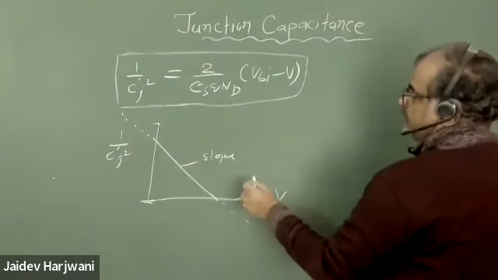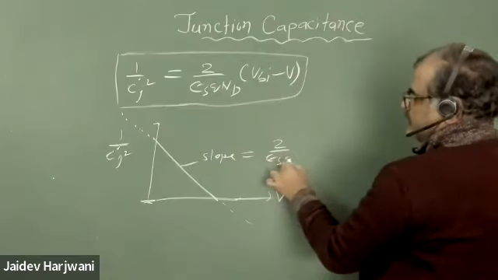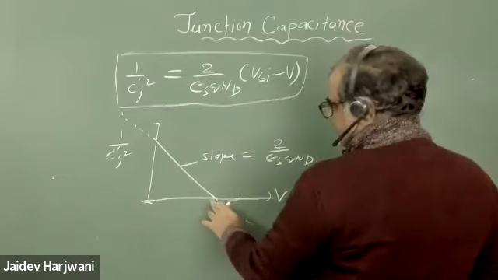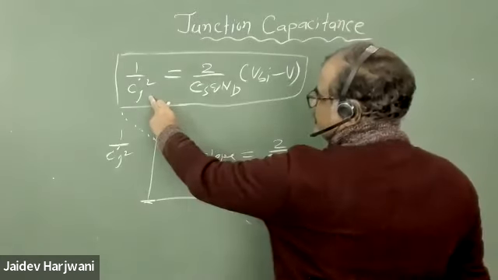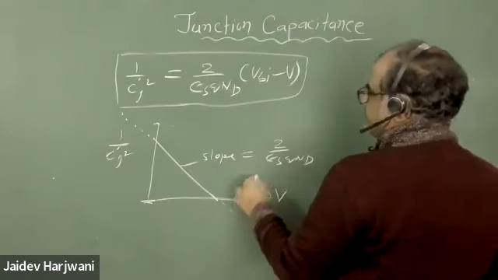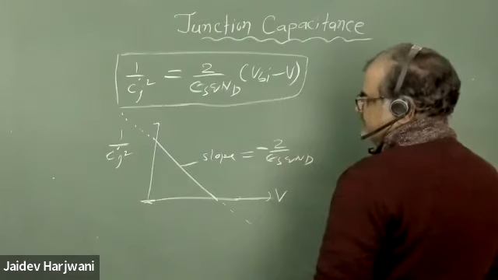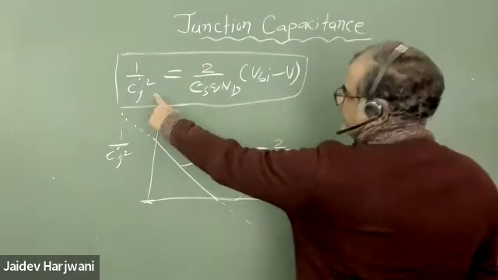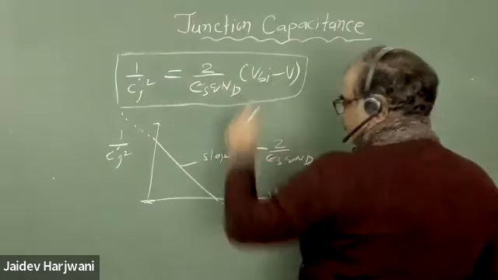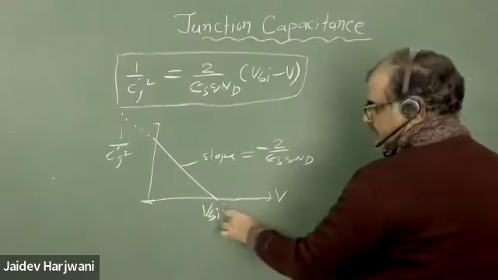The slope is negative, so minus will come. When 1 by Cj square is 0, your VBI equals V. So the point where the line cuts the axis is your VBI.